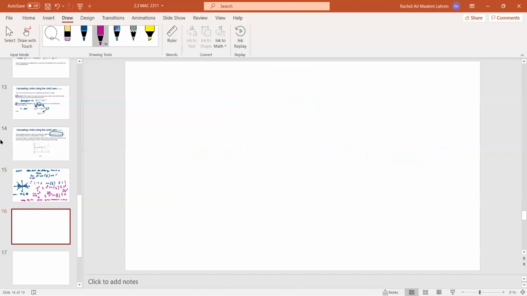So let's look into an example. There are many in which you graph, so you need to review your graphs and how you do the graphing.